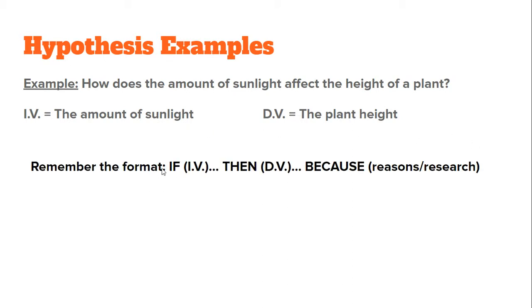Remember to use the format of if something about the independent variable, then something about the dependent variable, and because of some reason, some knowledge, or some research. Try to write a hypothesis for this example on your own. I'll give you a few moments to try to get your thoughts in order.